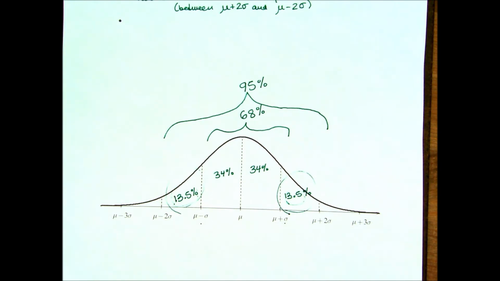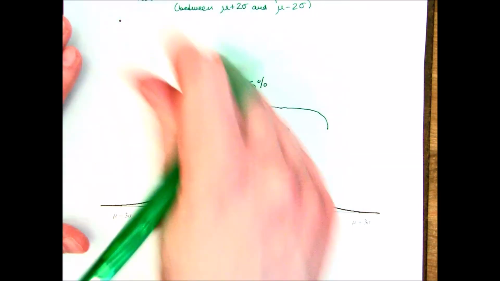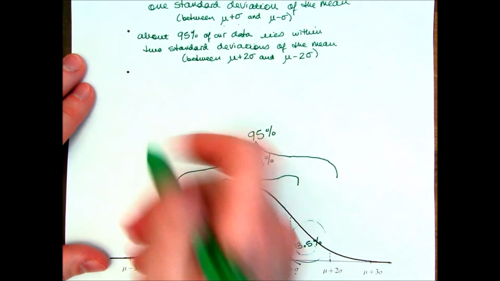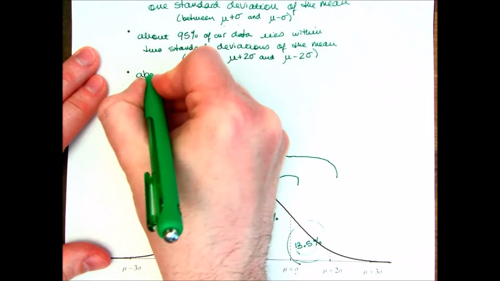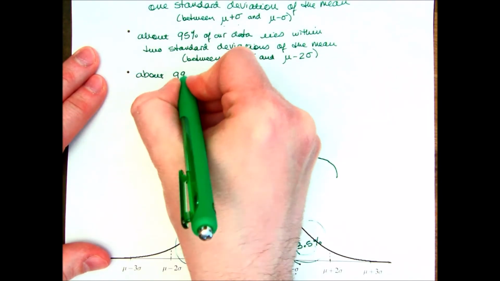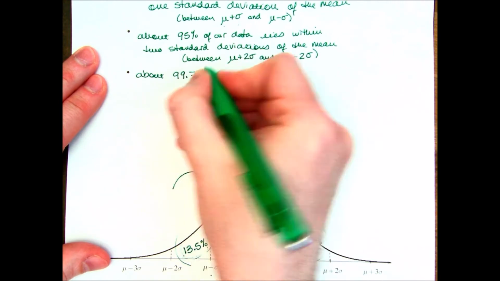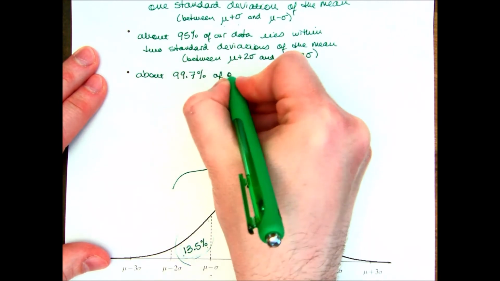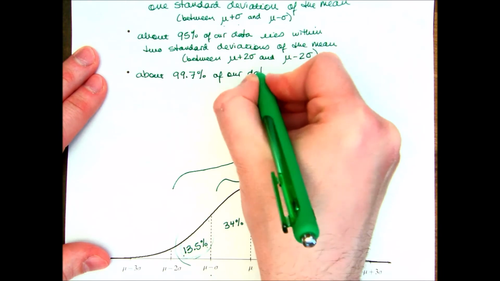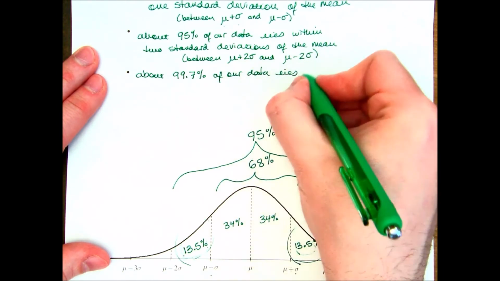Finally, third bullet point: about 99.7% of our data, so really almost all of our data, lies within 3 standard deviations of the mean.